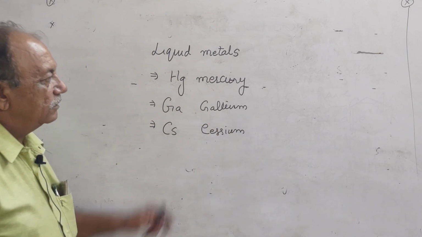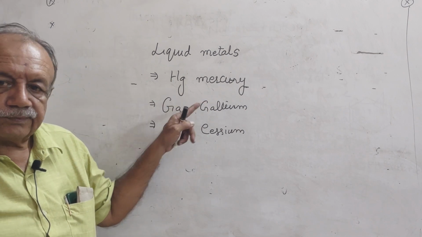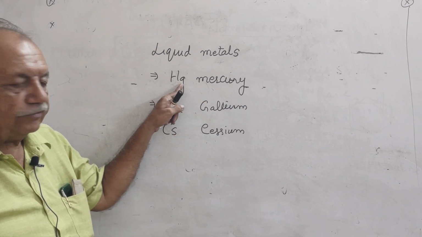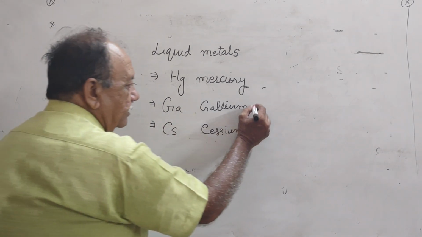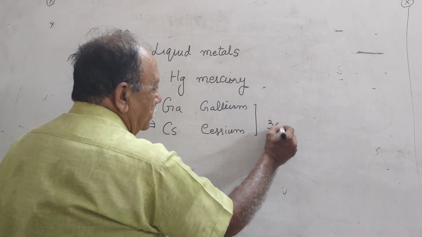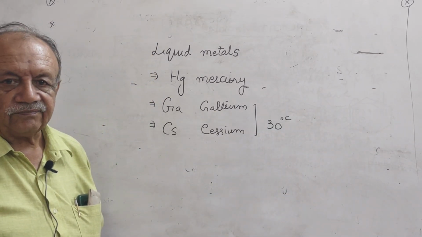These are metals which are liquids near room temperature. Mercury is liquid at all room temperatures. These two become liquid after 30 degrees centigrade.